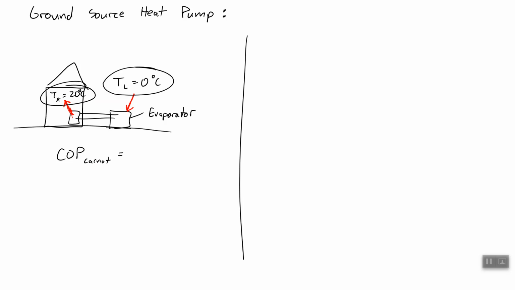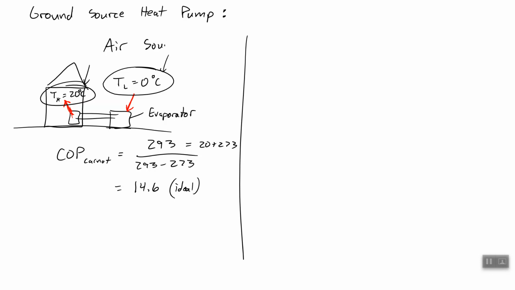Since it is in heating mode, we do TH in Kelvin, so 293 Kelvin, which is equal to 20 plus 273, divided by TH minus TL, so 293 minus 273. We went from Celsius to Kelvin. When you do that math, you get 14.6. Again, that's ideal.